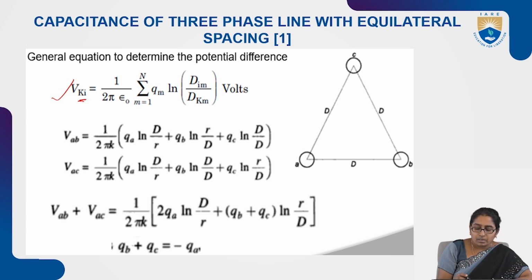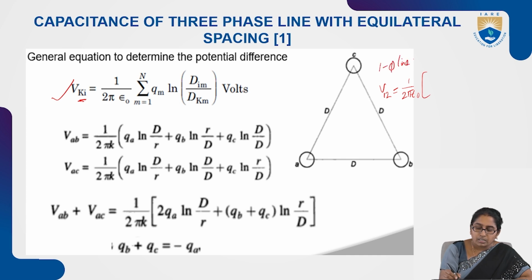As you remember, based on this expression, for a single phase transmission line the potential difference between the two conductors is given by V12, which is 1 by 2 pi epsilon. I'm just recalling the single phase line.